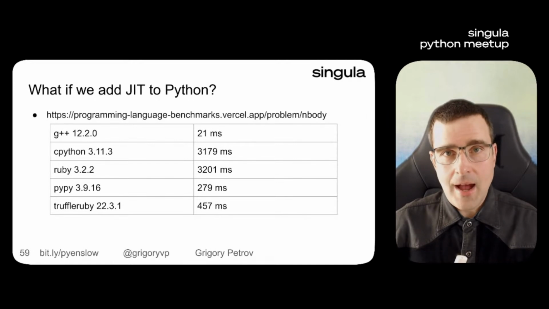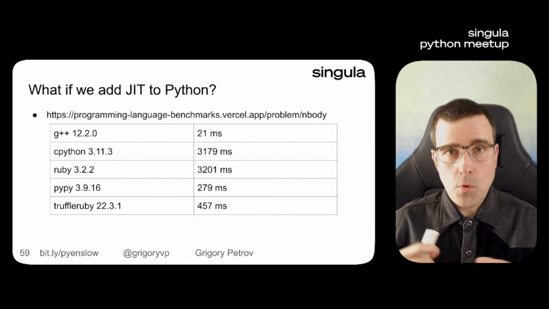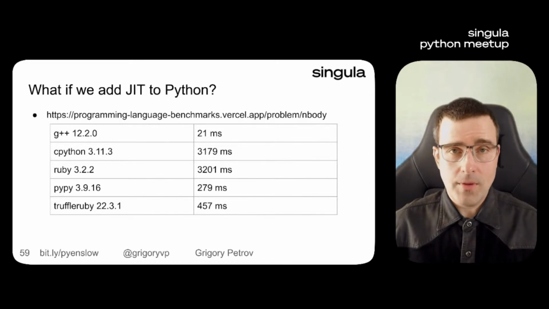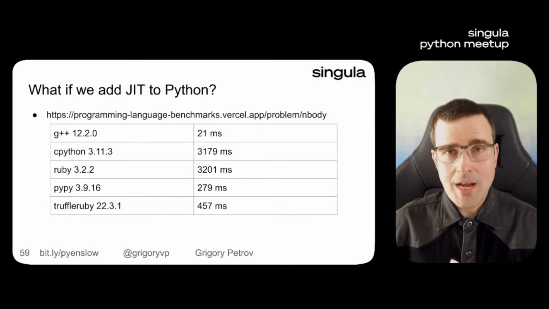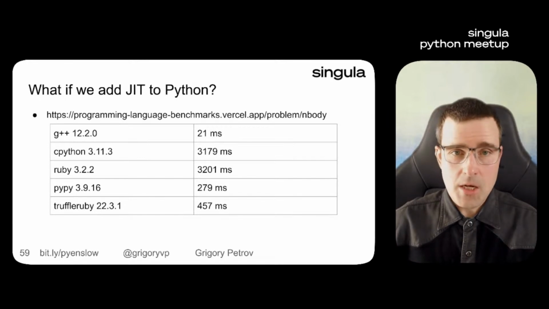These tests are synthetic. And for big projects like number crunching, machine learning, big code bases with hundreds of thousands of lines of code, enabling just-in-time compilation is not a silver bullet, and our code can be faster, like 2 times, 3 times, but not 10 times, with compatibility issues.